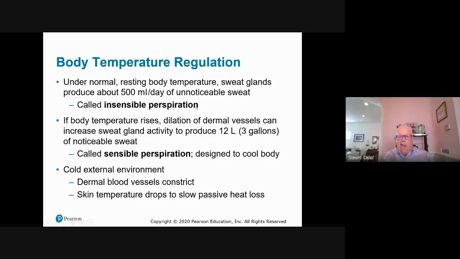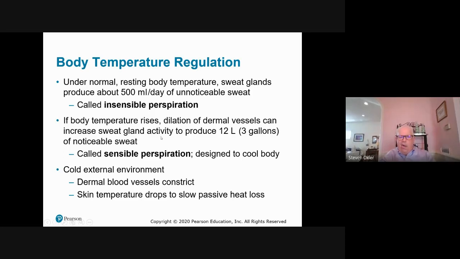If your body temperature rises and the vessels of your dermis dilate, you're going to sweat. If you exercise, if your temperature goes up, you're going to sweat. This is known as sensible perspiration, and it is there to cool your body, okay?